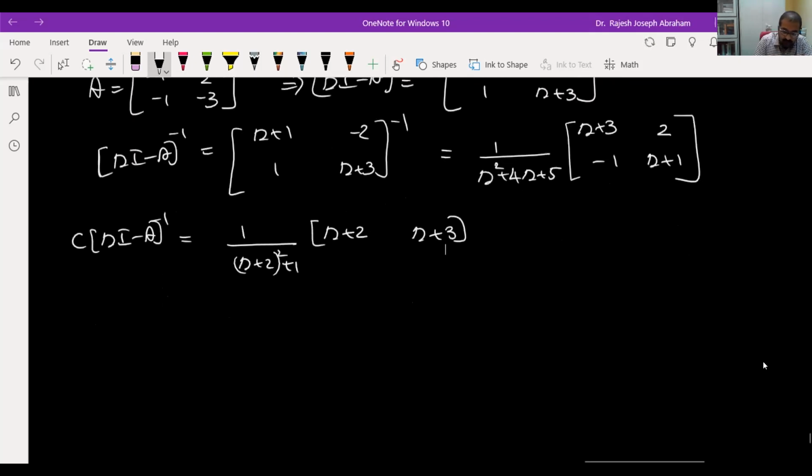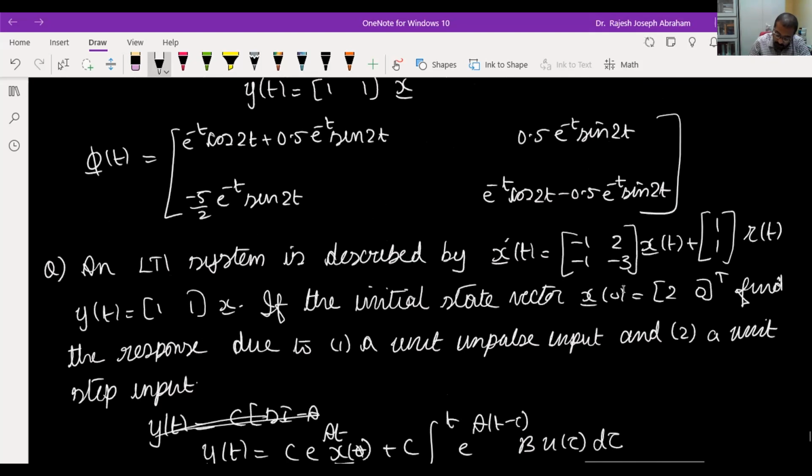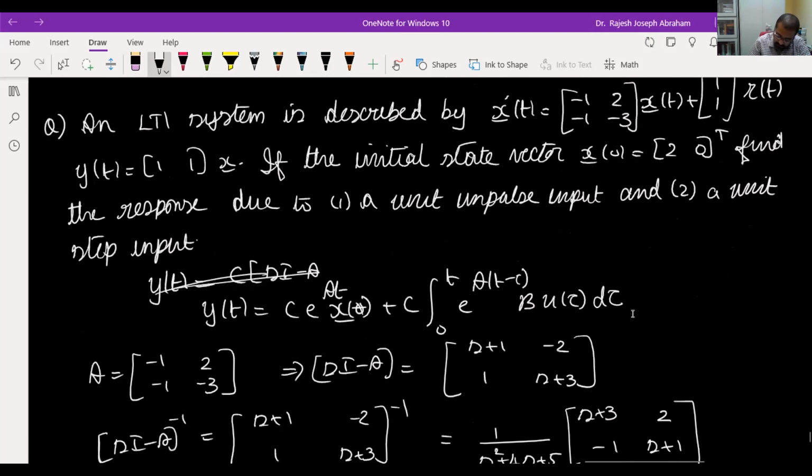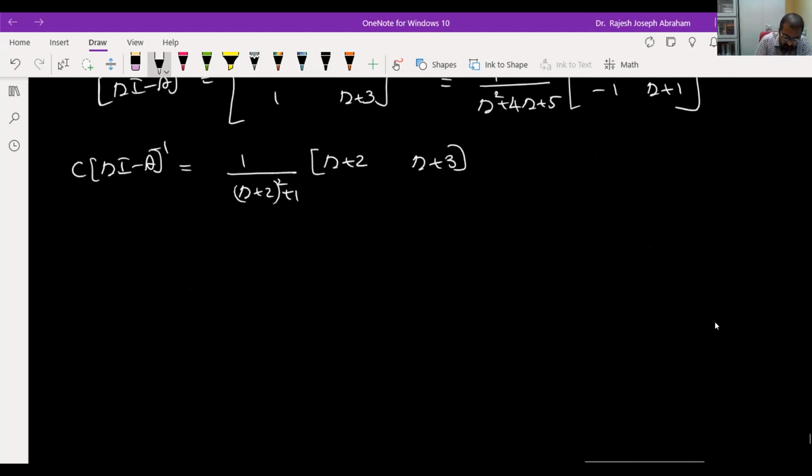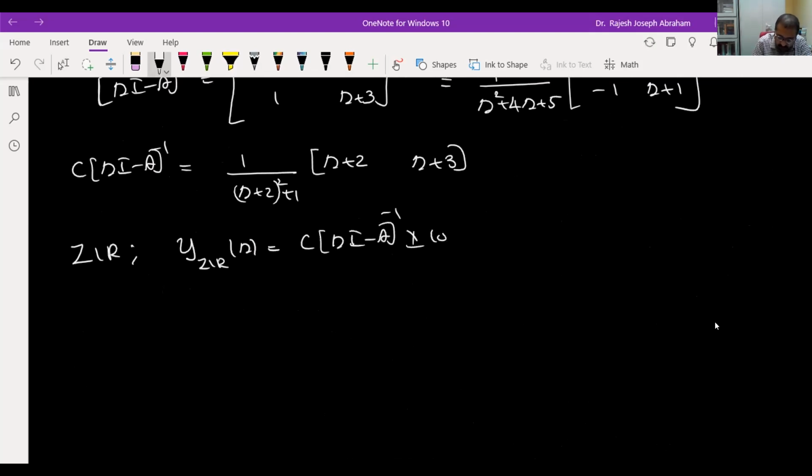Right. Now what next? We need to find the zero input response, ZIR. ZIR means Y ZIR of s. That will be C into (sI minus A) inverse x naught.